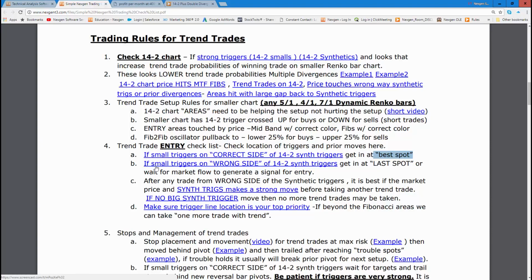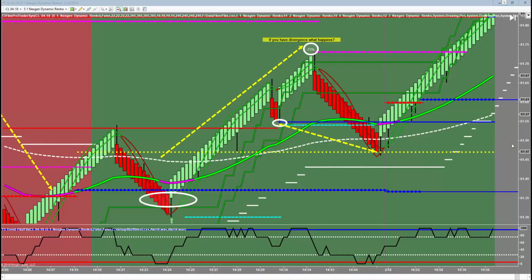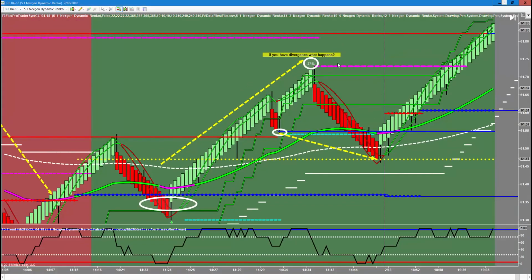If the triggers are on the wrong side of the 14-2 triggers, what does it say? Get in at the last spot. Okay, so look what happens. When you're looking at your trigger lines, and again, I think this is pretty easy to see, right? These are your 14-2 triggers. They're crossed up, wide and green and up, and we're like, yeah, baby, give me another long trade, right?